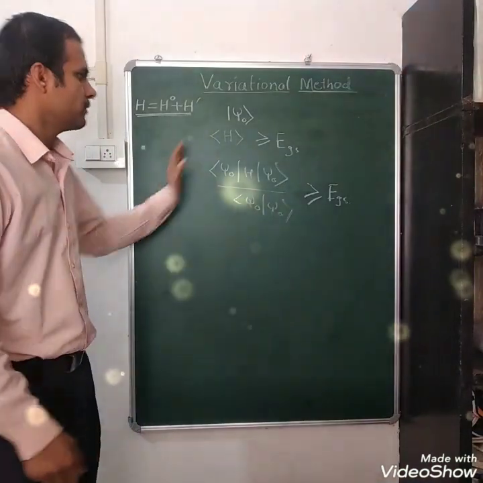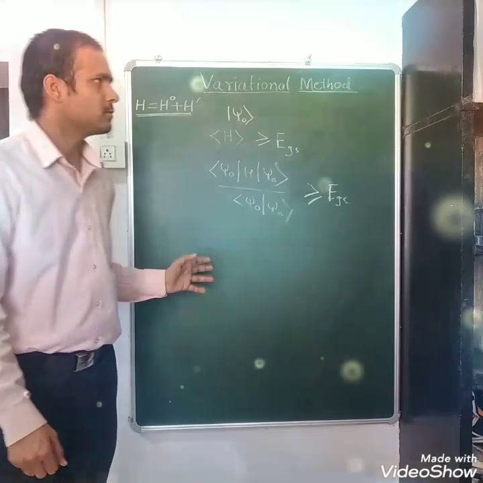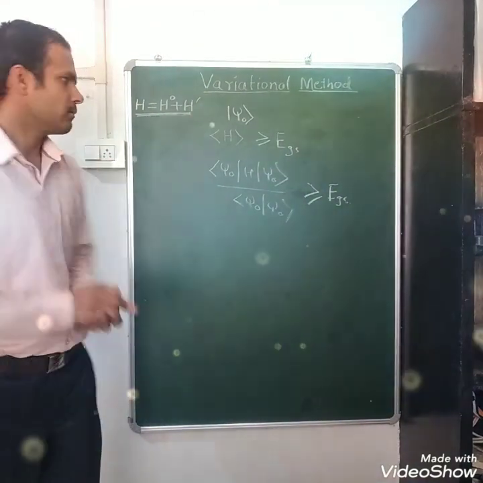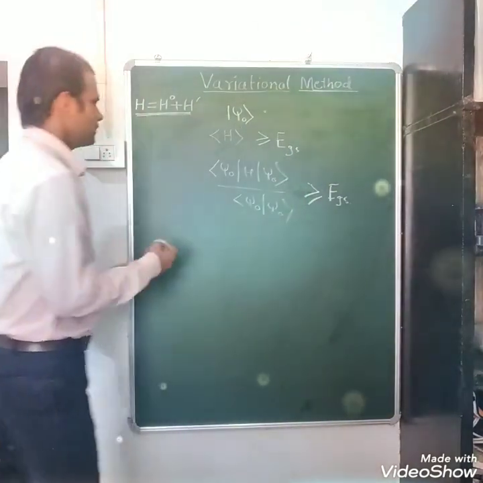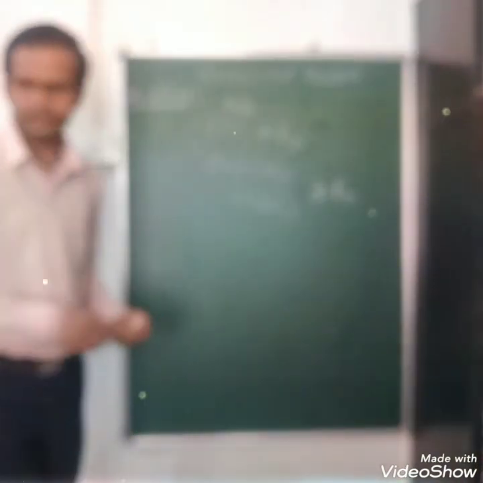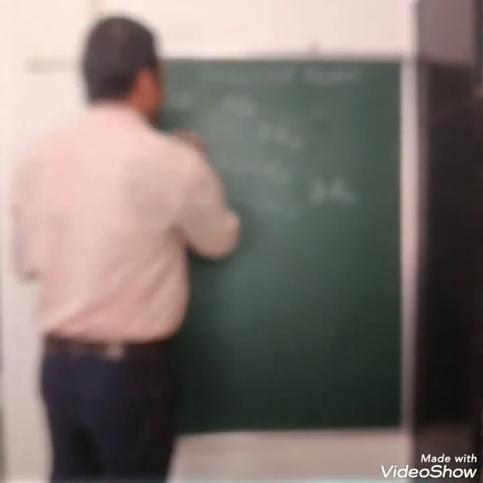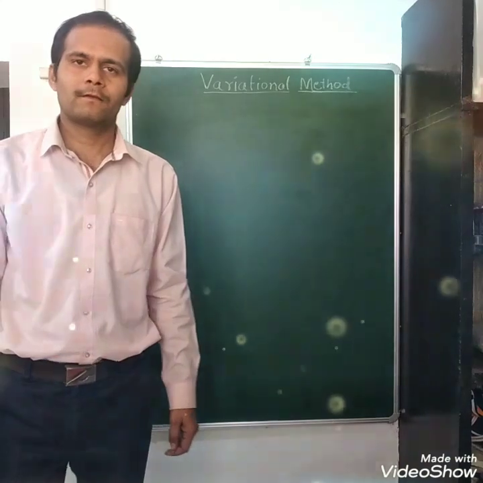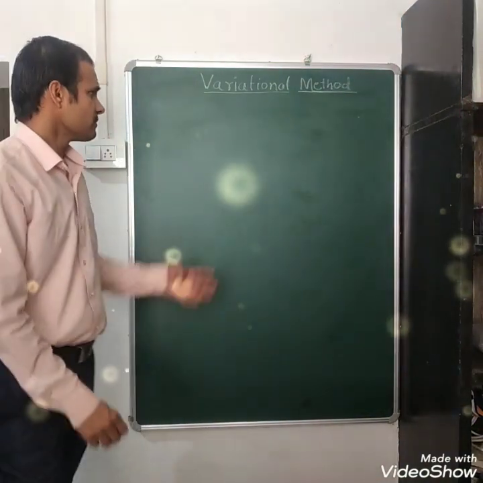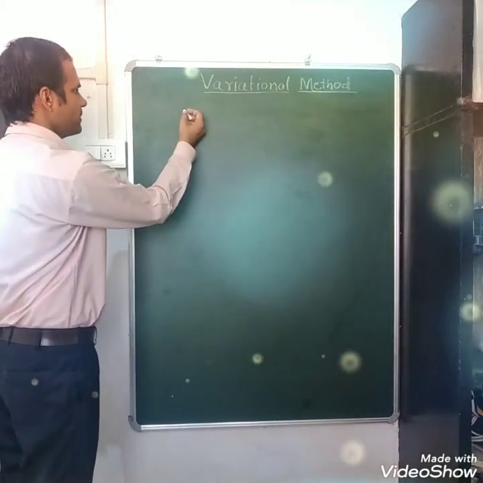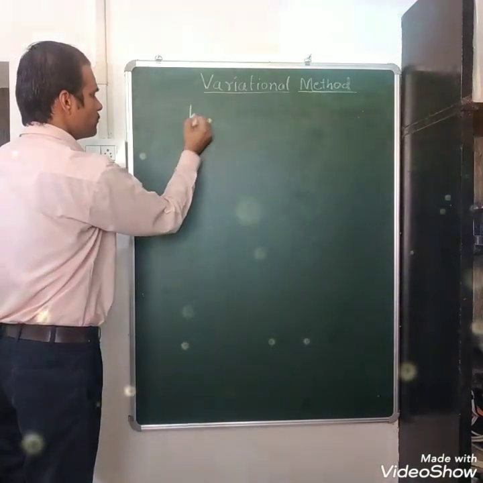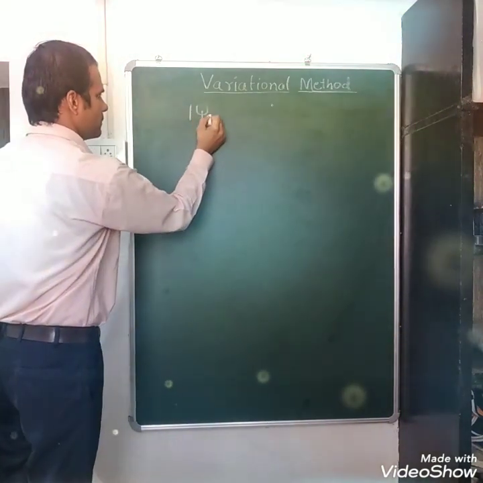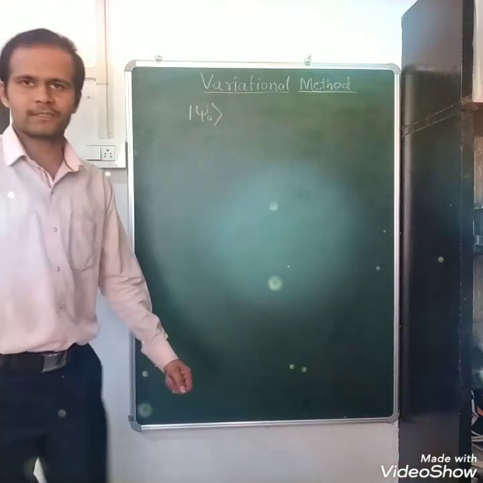Now let us understand the proof of this principle of the variational method. First, we have to guess a trial wave function.